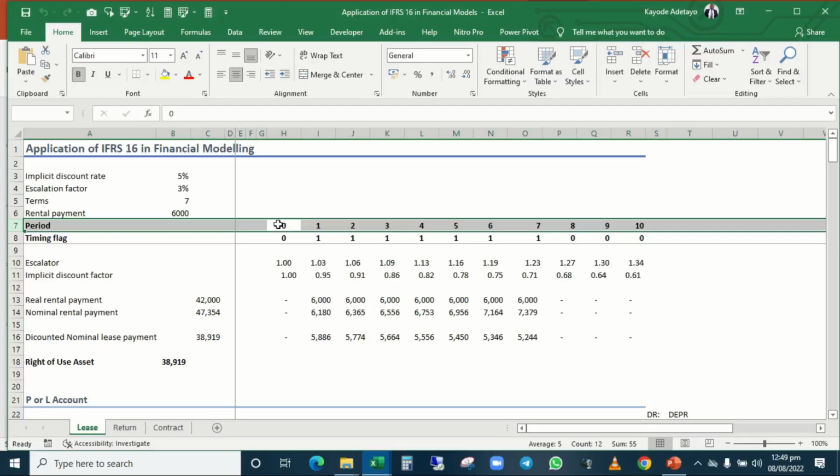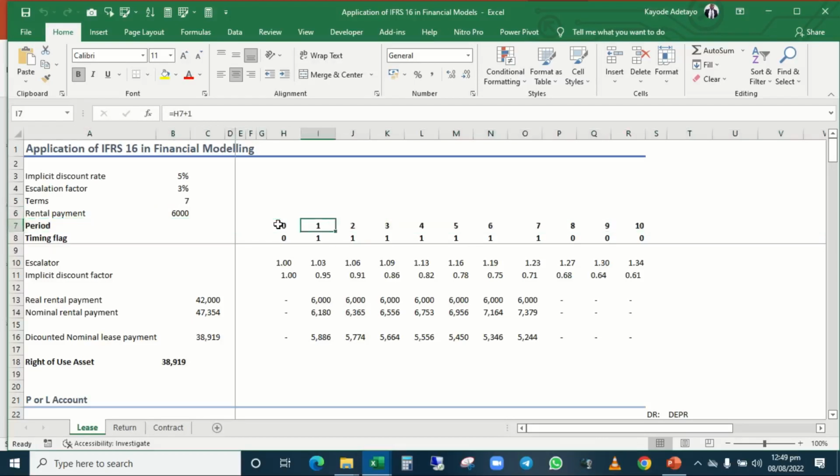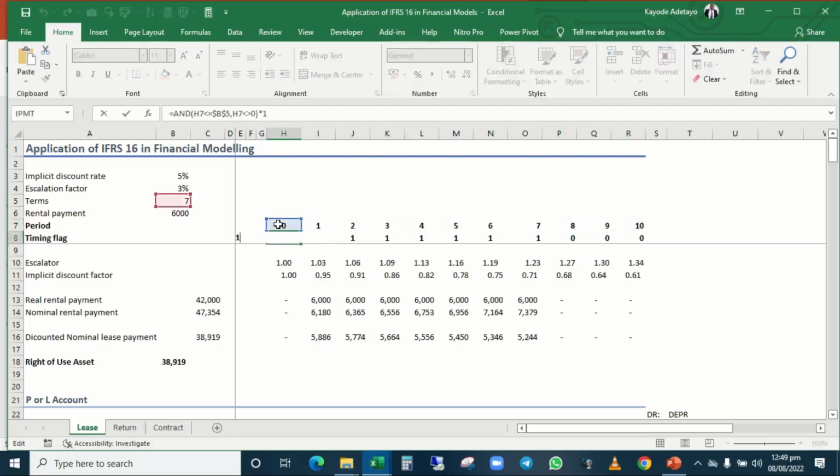the timeline of the model, starting with 0. Then I did 0 plus 1 and dragged it forward to give a 10-year period. Then I also did a timing flag, where what I flag is the period that will be covered in the period of the lease, exactly in line with the period of the lease.